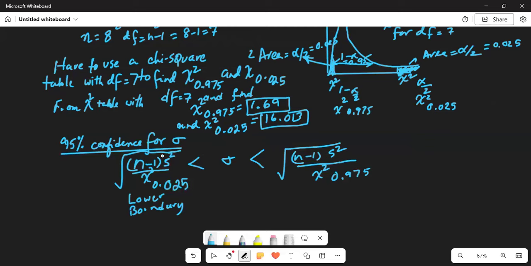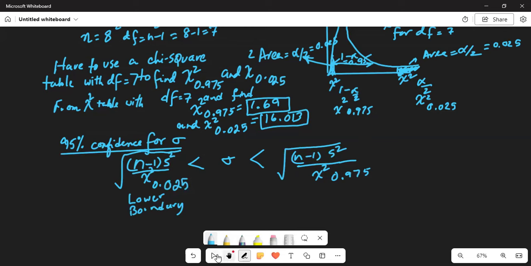We do that because chi-square 0.025 is much larger than chi-square 0.975. You notice chi-square 0.025 is 16.013, so we divide by a large number in the denominator for the lower boundary. And chi-square 0.975 is a smaller number, and we divide by a smaller number to get the upper boundary.